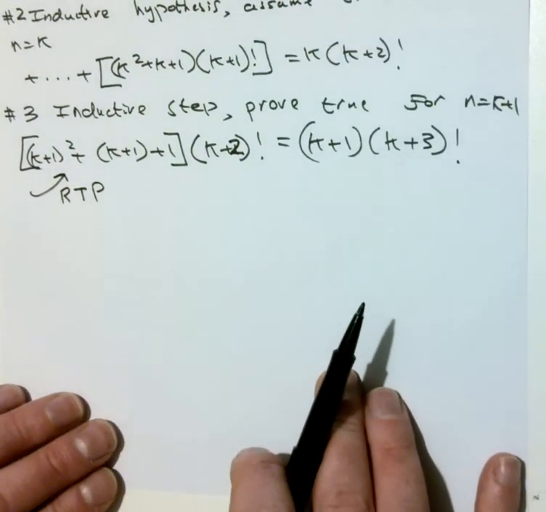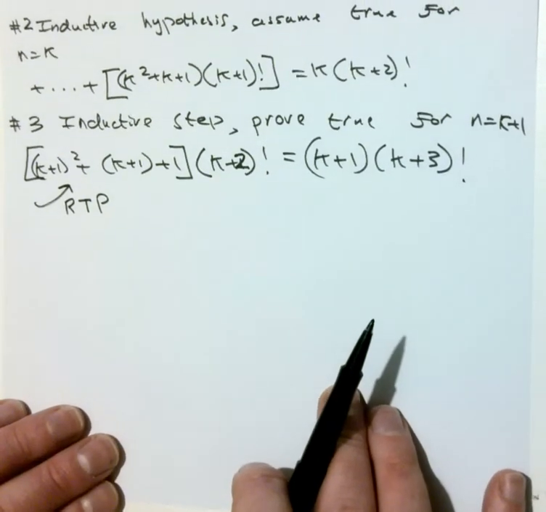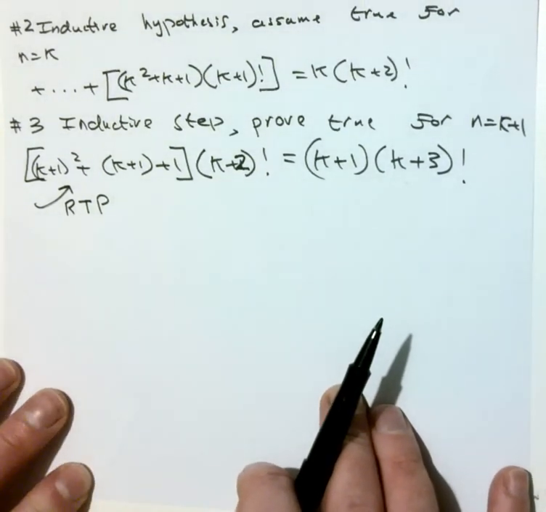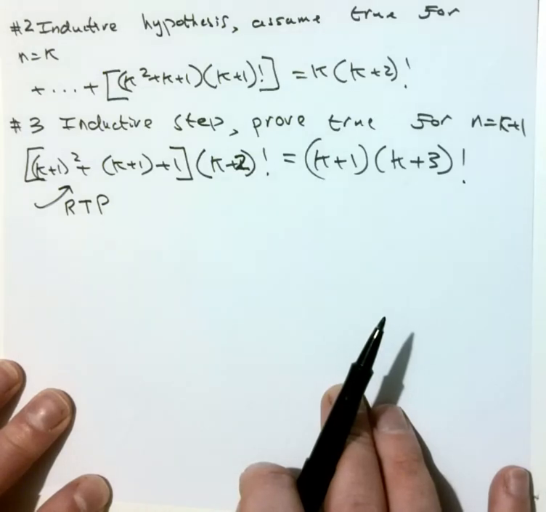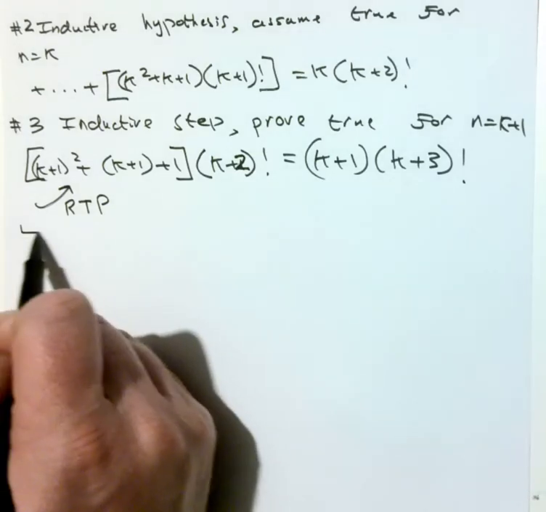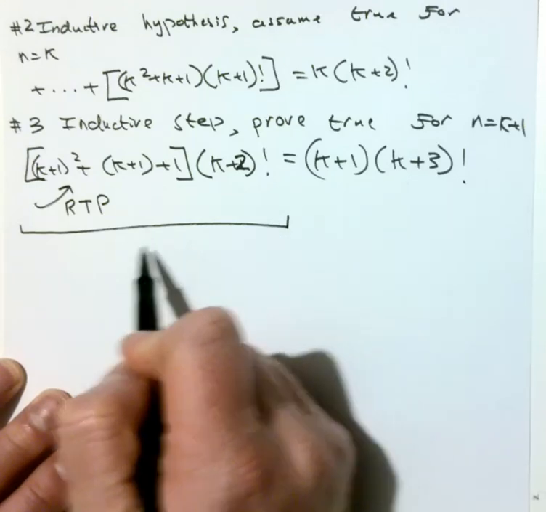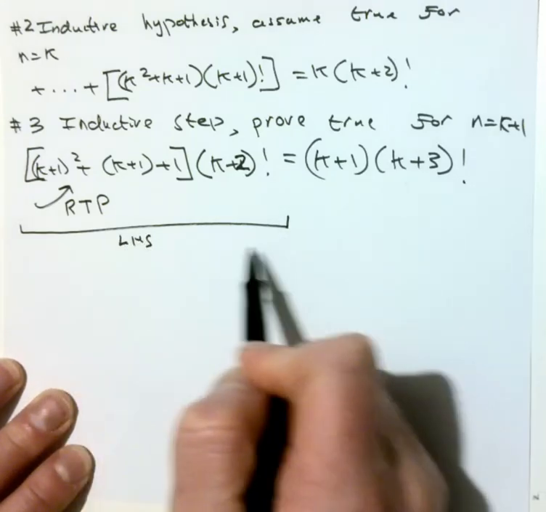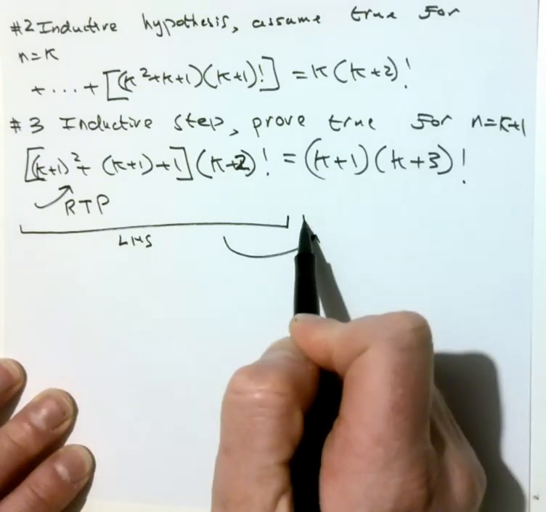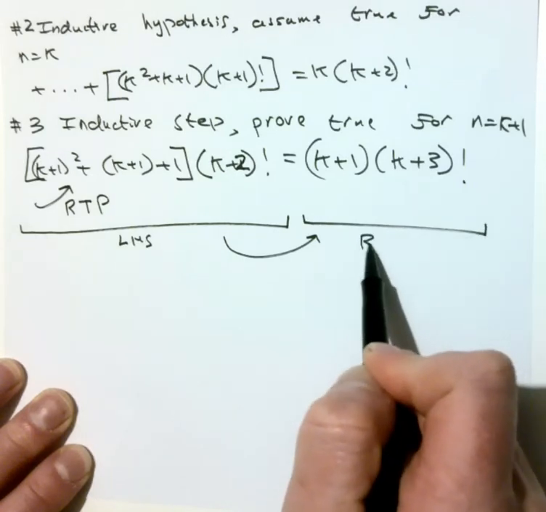Okay, so we use the inductive hypothesis in the inductive step. So we are going to manipulate the left-hand side to look like the right-hand side.